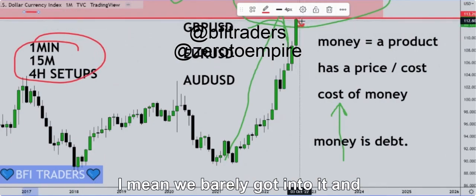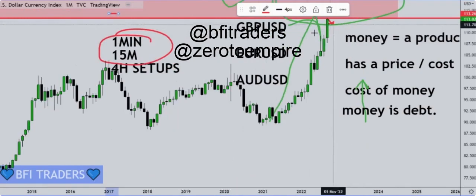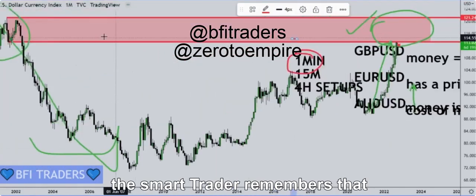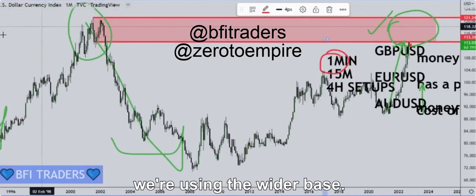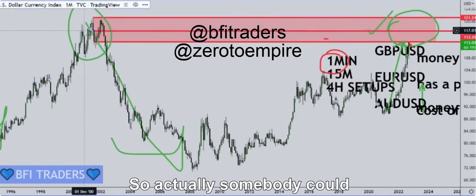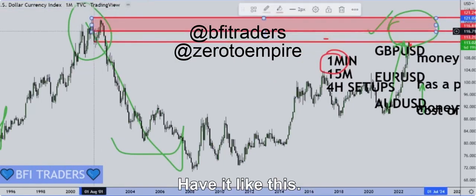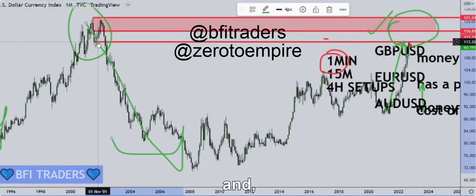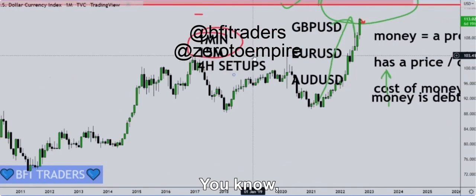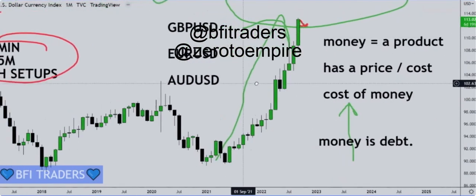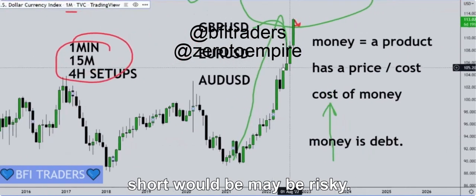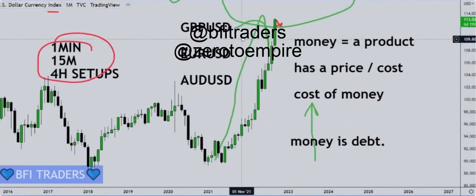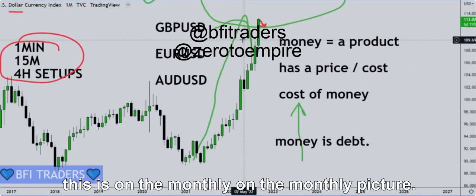No, I mean short. I mean we barely got into it, and the smart trader remembers that we're using the wider base. So actually somebody could have it like this, and they're definitely waiting, and shorts would be maybe risky.